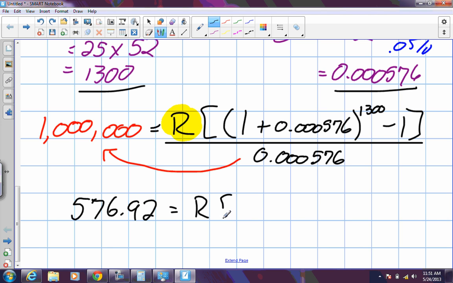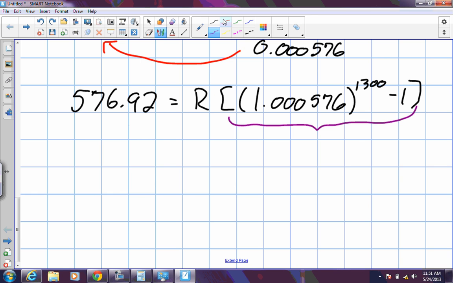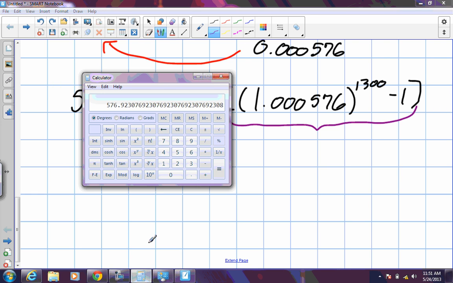We'll simplify this number in here to be 1.000576 to the power of 1300 minus 1. Now we can equate this to be a specific value. So let's put that in the calculator because that number is going to be multiplied by R. So let's figure out what that actually is. We have our one.